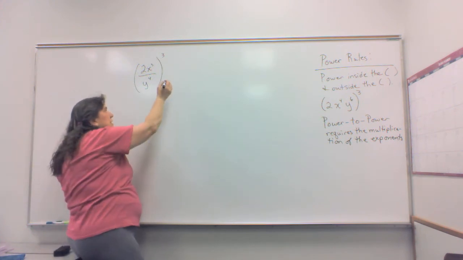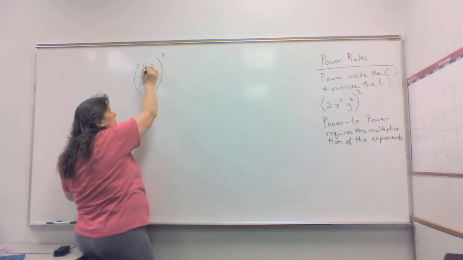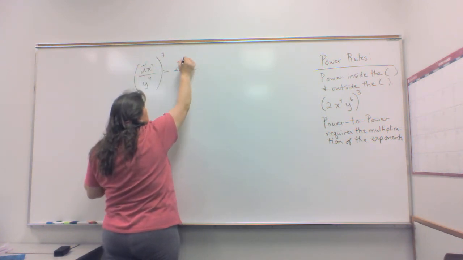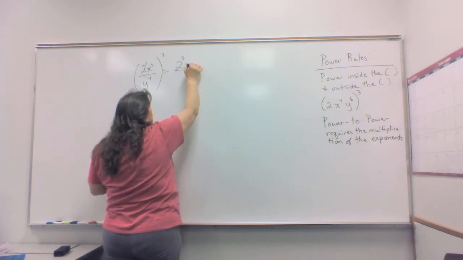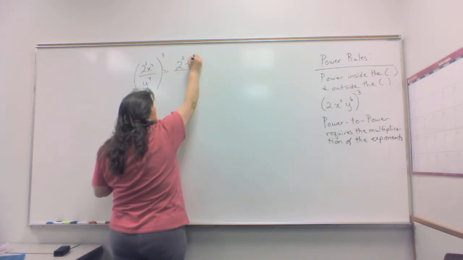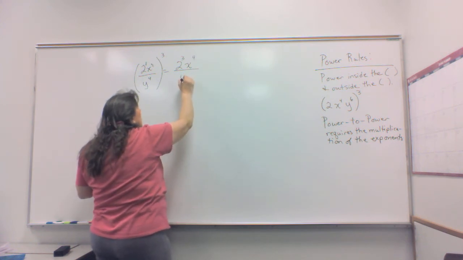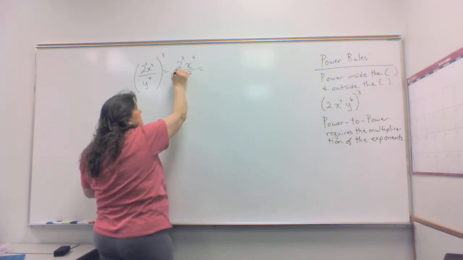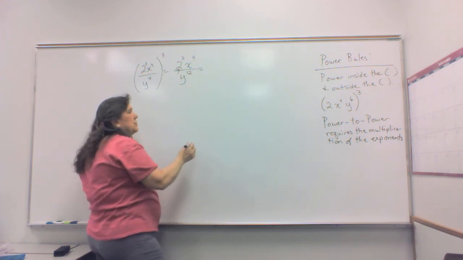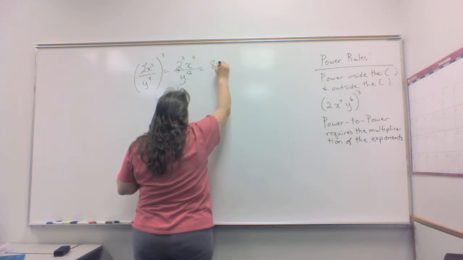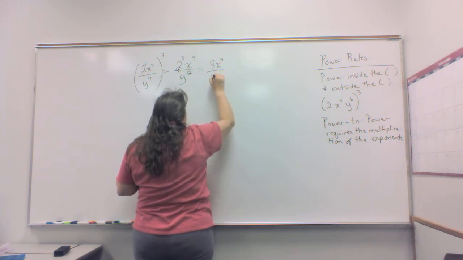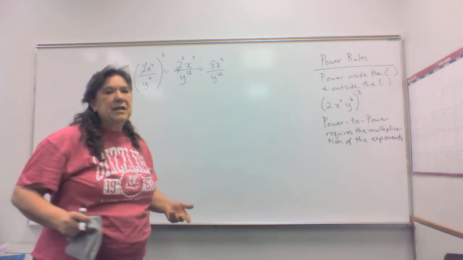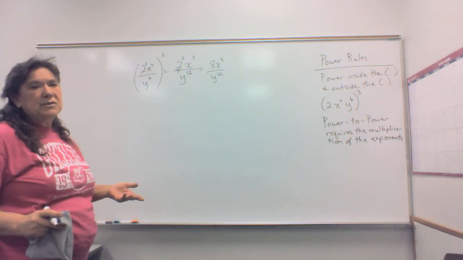So, using our power to power, my 2 has an exponent of 1, so this gives me 2 to the 1 times 3, which is 3, x to the 3 times 3, which is 9th power, and y to the 4 times 3, which is the 12th power. The only other simplification we can do on this is to go 2 times 2 times 2, which is 8, x to the 9th, and y to the 12th. Okay, so there you see the power rules that can be used as well.